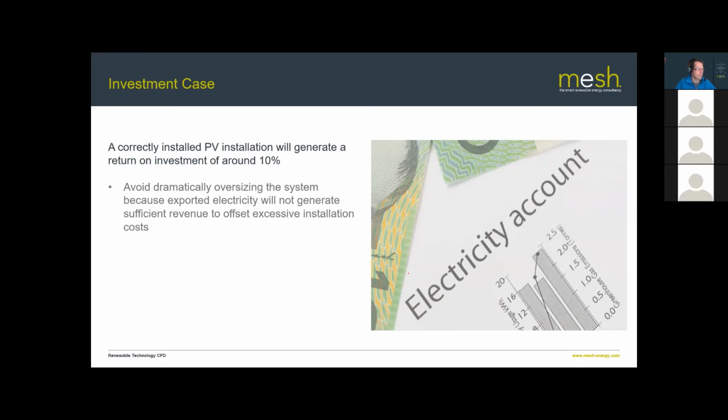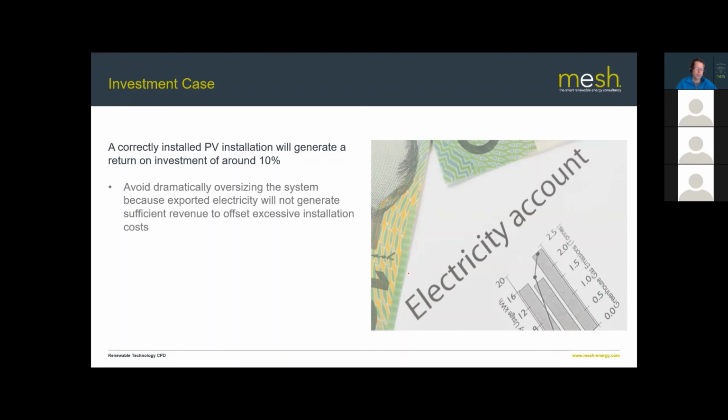The reason I say a well-sized system is that if you dramatically oversize the system, you are not going to get the return on investment that you would from a correctly sized system, because you're going to sell any excess electricity back to the grid at around 5 pence per kilowatt hour.